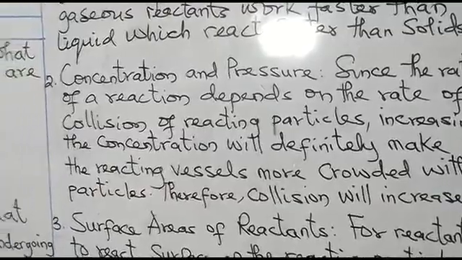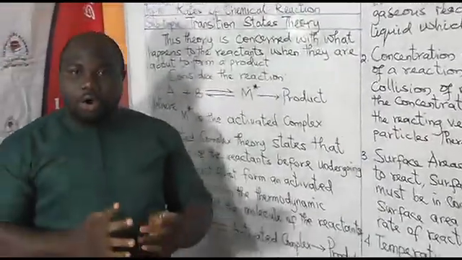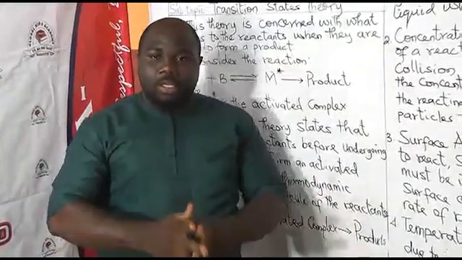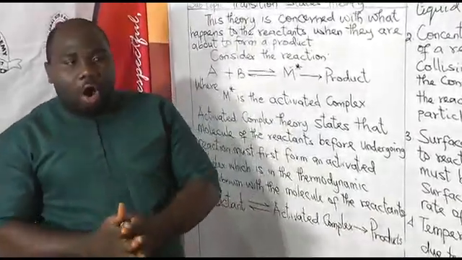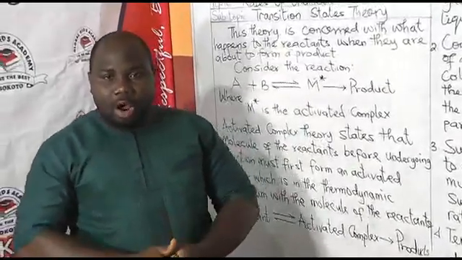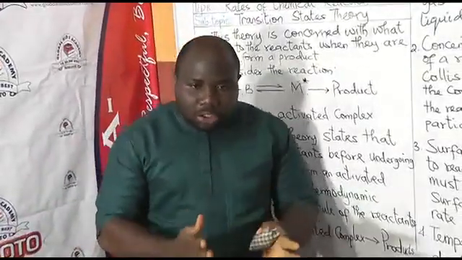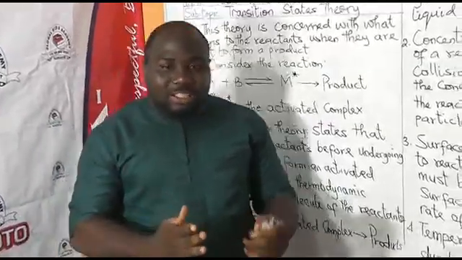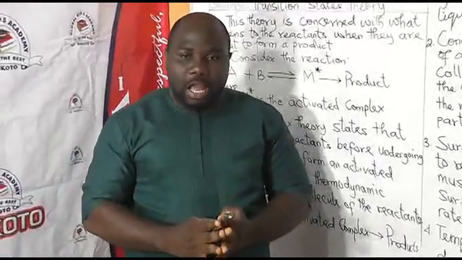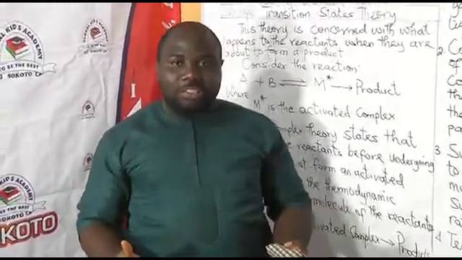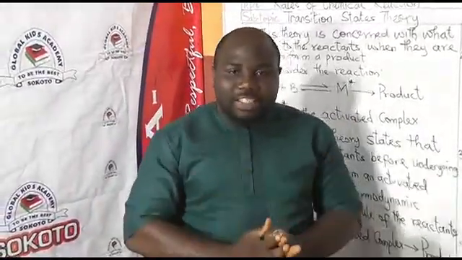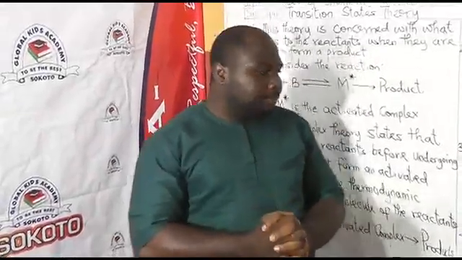In every chemical reaction, concentration is directly proportional to the rate of chemical reaction. Increase in concentration always increases the rate of chemical reaction. How? Because when the concentration increases, the molecular collision tends to increase. And when the frequency of collision increases, automatically the rate of chemical reaction will increase at a definite rate.